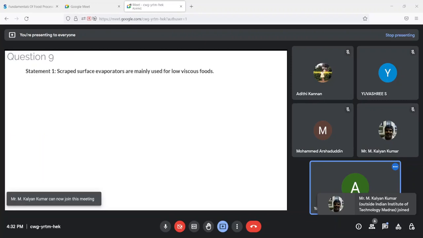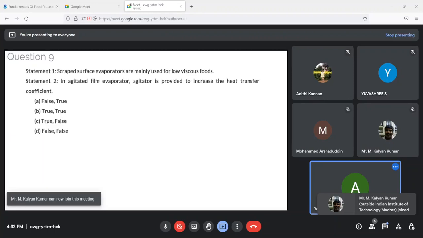So last question. Statement 1. The scraped surface evaporators are mainly used for low viscous foods. And statement 2. In an agitated film evaporator, agitator is provided to increase the heat transfer coefficient. So which of these statements are true or false?